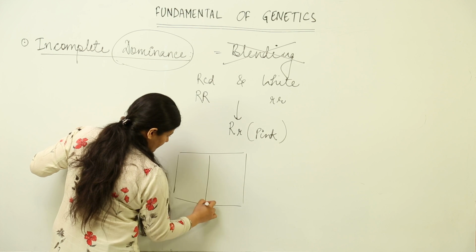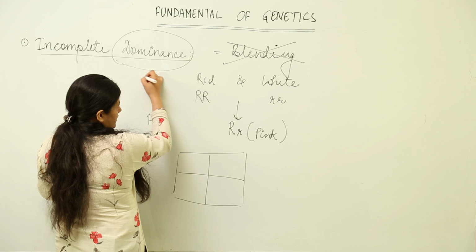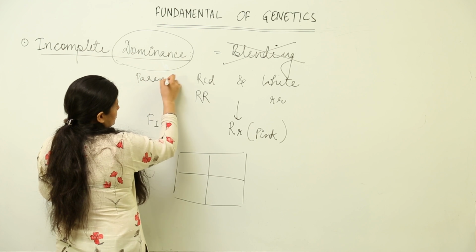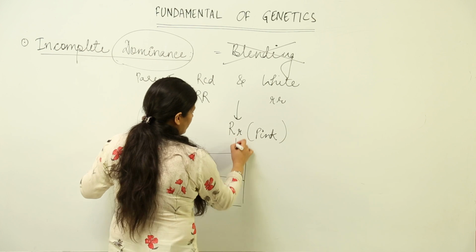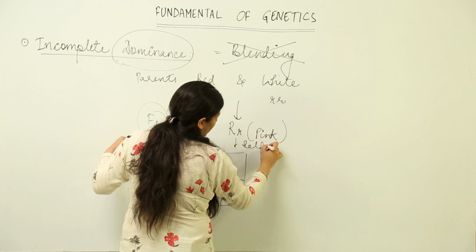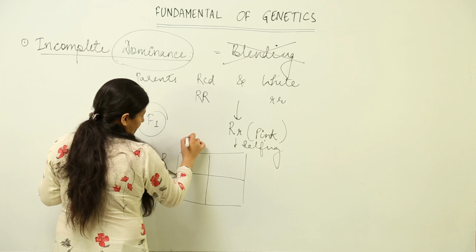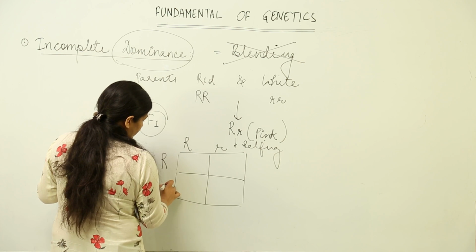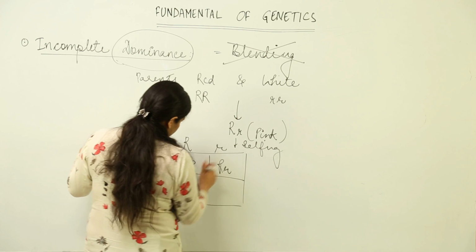When this pink flower is self-bred, that means this is F1, these are parents, this is the genotype of parents, this is the genotype of F1, F1 on selfing would give rise to these probable genotypes.